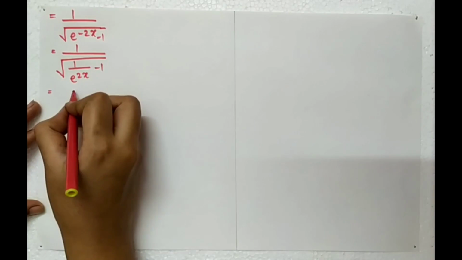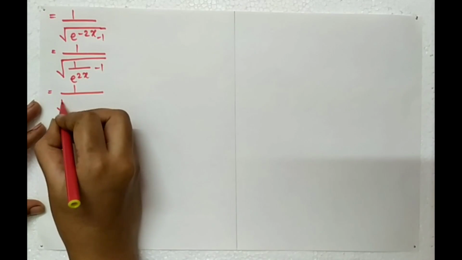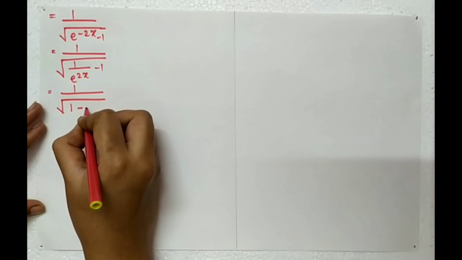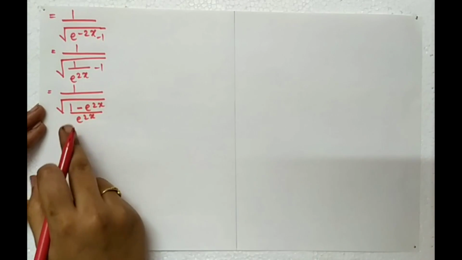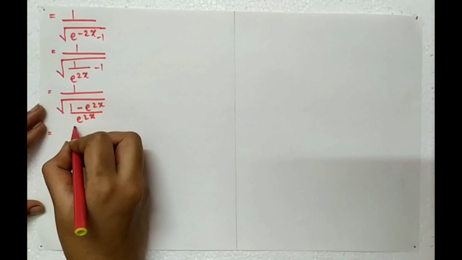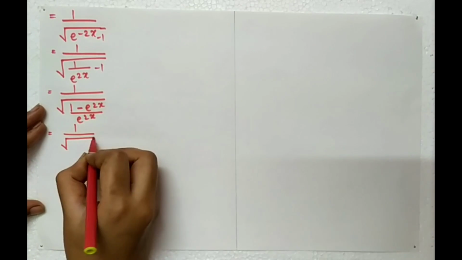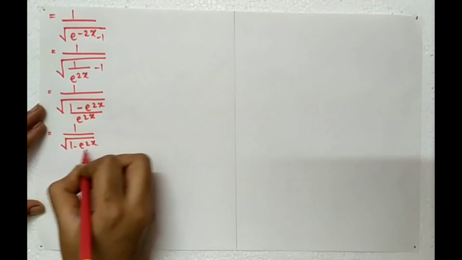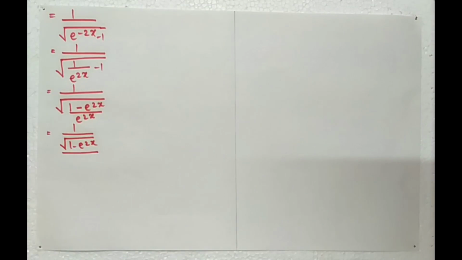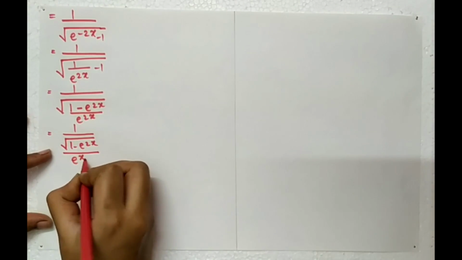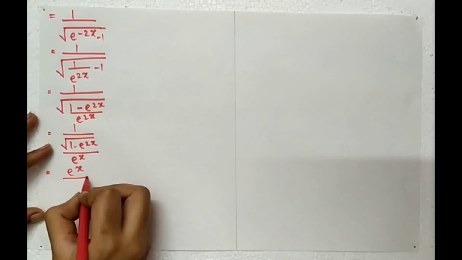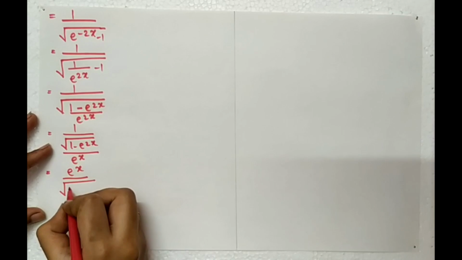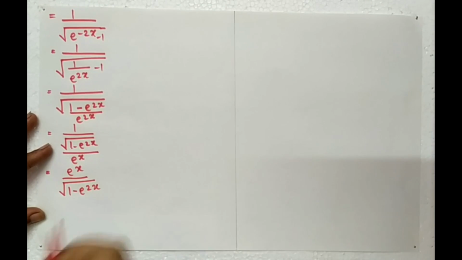Now we can cross multiply over here. So this becomes root of 1 minus e power 2x upon e power 2x. So 1 upon root of 1 minus e power 2x upon e power 2x, when this e power 2x is taken out of the root, it becomes e power x. So whenever we take reciprocal, it becomes e power x upon root of 1 minus e power 2x.